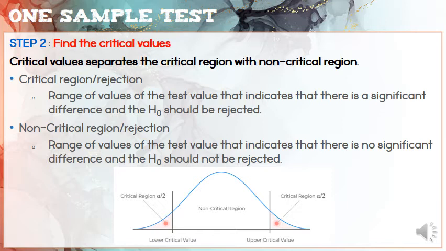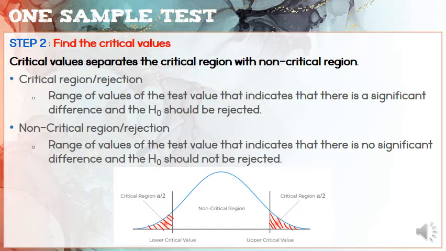Okay, ini satu contoh dalam gambar rajah ni. Okay, normally distributed. So, kalau you ada two-tail test, then kita ada dua critical region. This side and this side. Kalau your test value berada dalam your critical region, then we reject our null hypothesis.